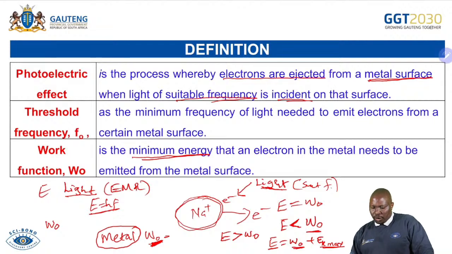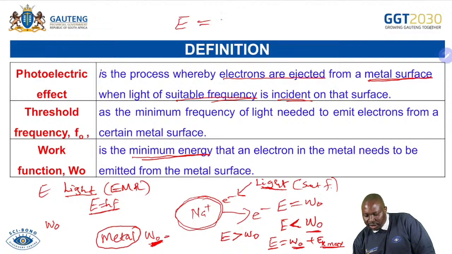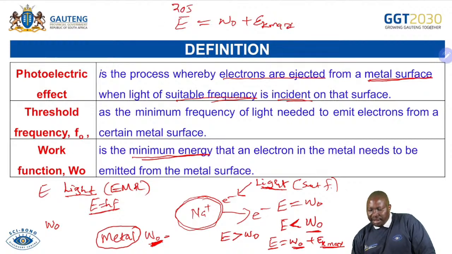So I think you now understand why we're saying the energy of a photon is equal to the work function plus EK max. Meaning that if this is 20 joules and the minimum energy required to remove an electron is, say, 15 joules, the other 5 joules will be converted to EK max.